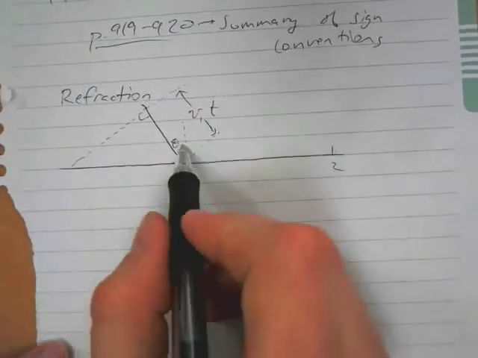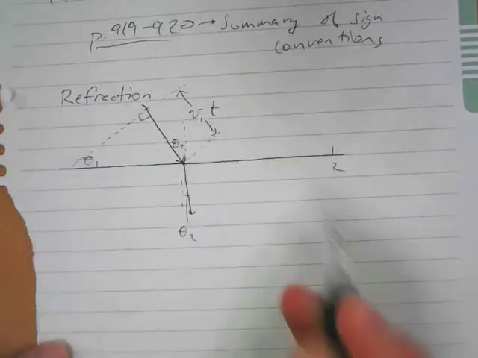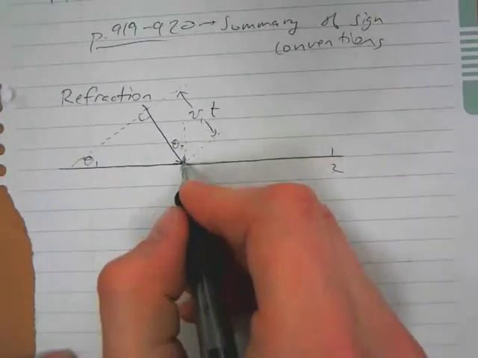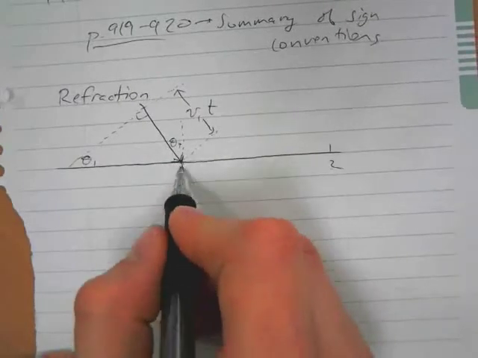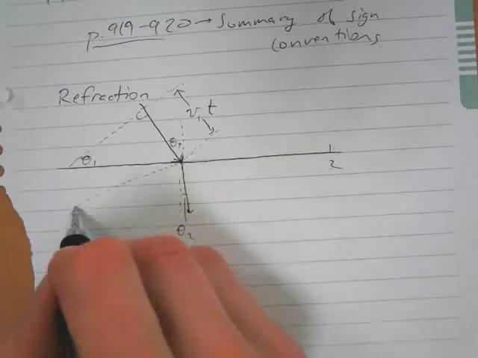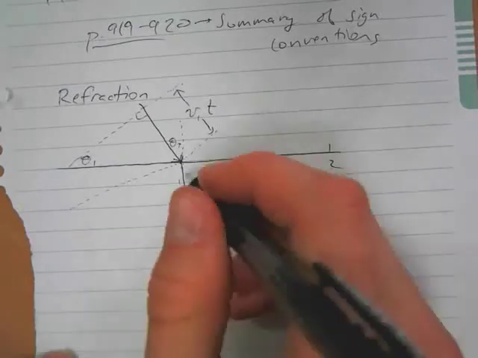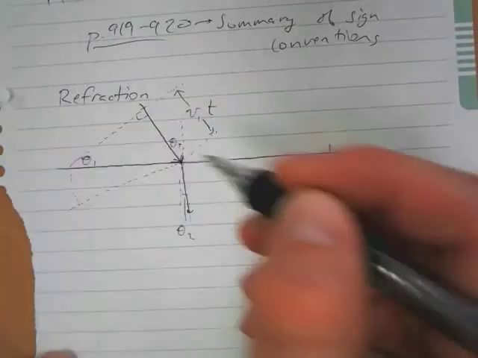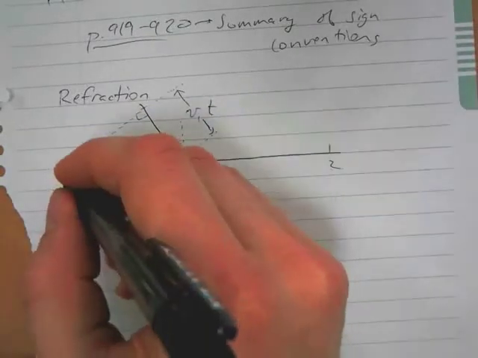by similar triangles, this is also theta 1. And if we make another line that's perpendicular to this one, and then draw in a line that's parallel to this one, we can make another little triangle over here.